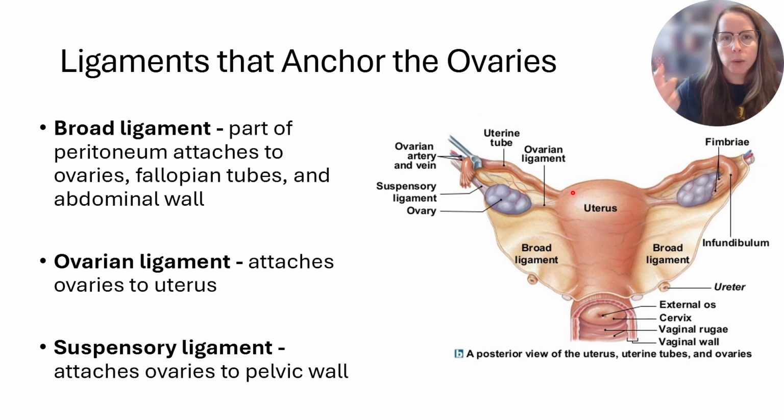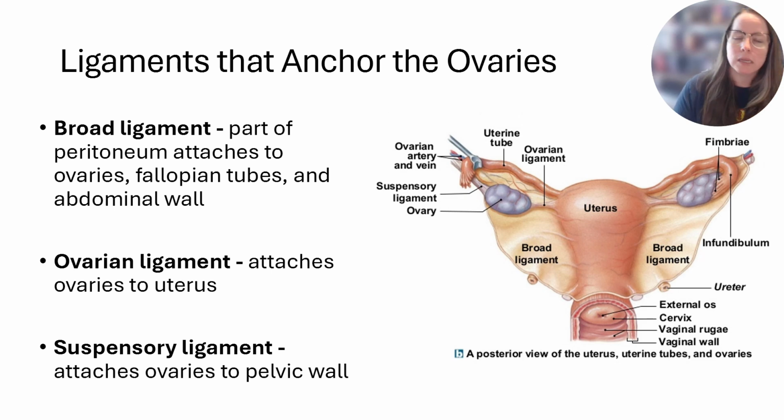And then lastly, we also have the suspensory ligament, and this is fairly similar to the spermatic cord in males, in that, as you can see here, here's your suspensory ligament. This is how we're bringing in vasculature and nerve supply to the ovary. And also where we have things like ovarian torsion.